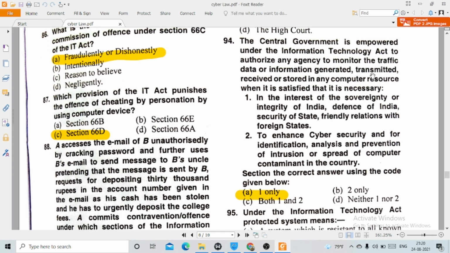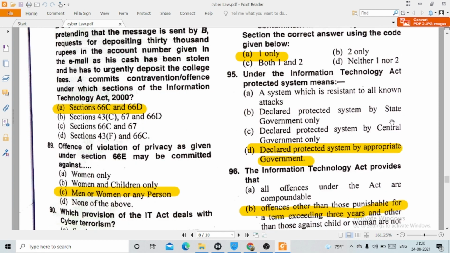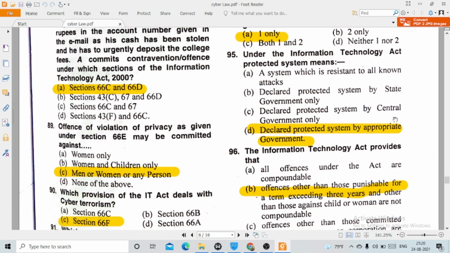Under this Section 69, the central government is empowered to monitor the traffic data or information generated, and it can also block access to the same. 95. Under the Information Technology Act, protected system means option D, a system declared protected by the appropriate government.